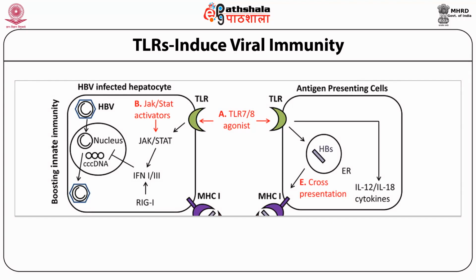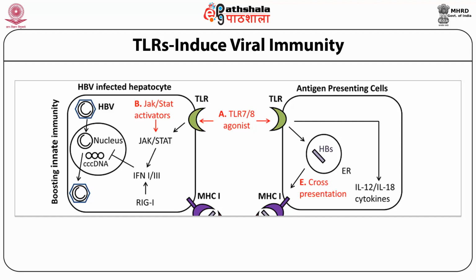How do TLRs, toll-like receptors, induce viral immunity? This figure depicts one hepatocyte, or liver cell, infected with HBV, hepatitis B virus, and how these toll-like receptors boost the innate immunity.